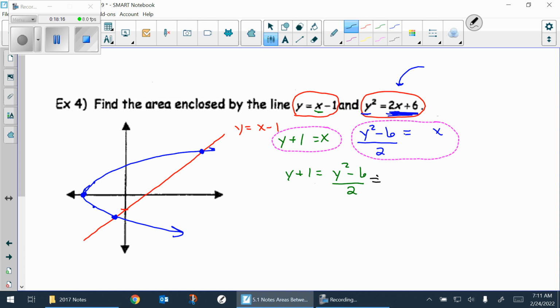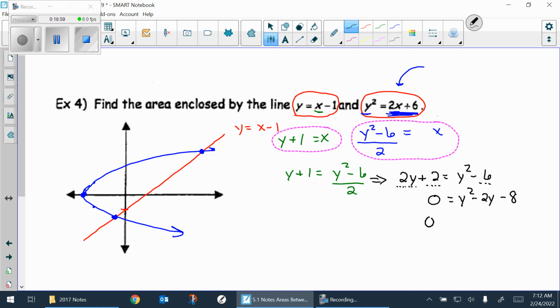I think I'd multiply by 2. I think I'd get everything over on one side. So 0 is equal to, I've got a y squared here. Let's subtract 2y from each side, and let's subtract 2 from each side, because I'm pretty good at figuring out when functions are equal to 0.